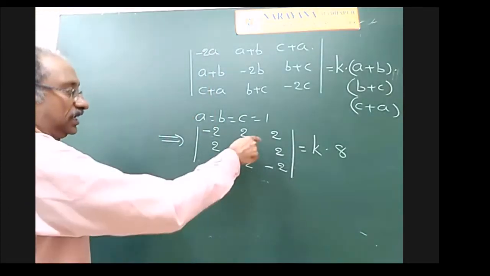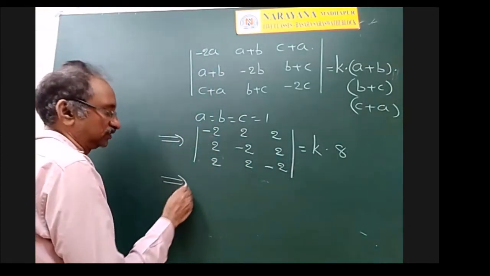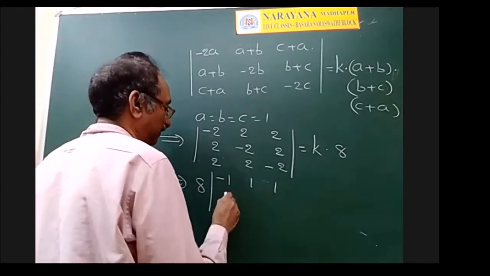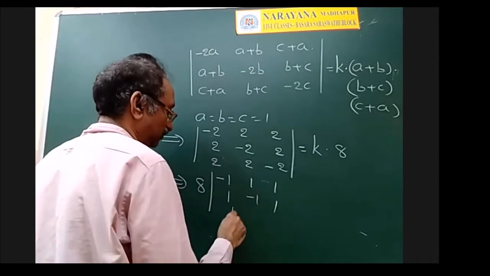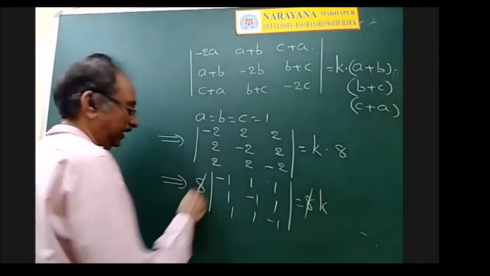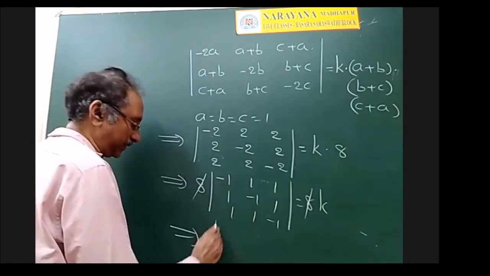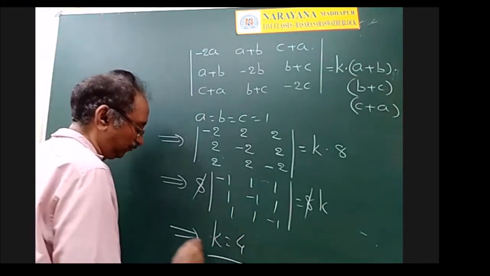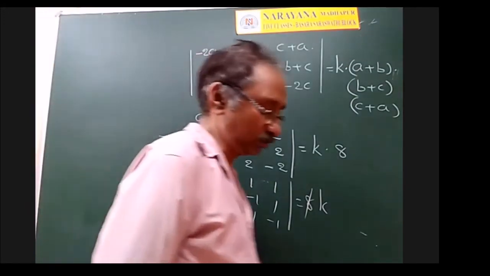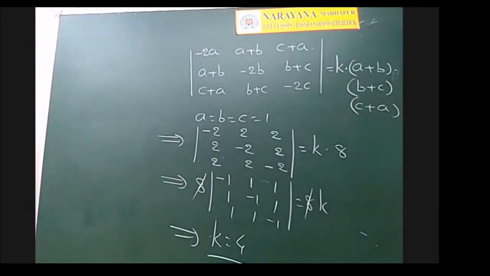If you take 2 from the first row, second row, third row, you will get 8 into the determinant with rows minus 1, 1, 1; 1, minus 1, 1; 1, 1, minus 1, is equal to 8k. 8 will be cancelled. If you expand that, you will get k is equal to 4. So by the given question, the value of k is 4.